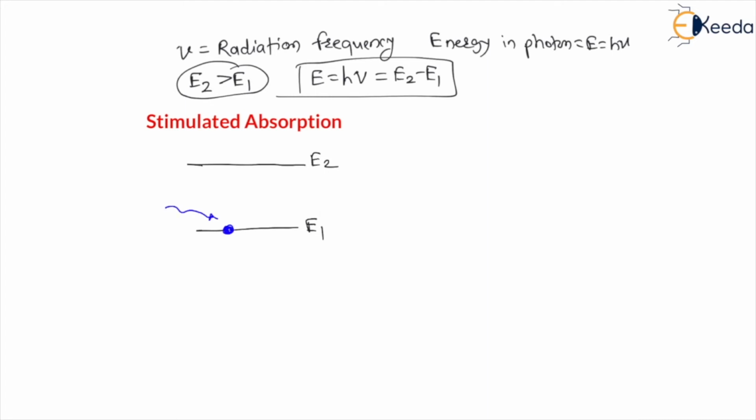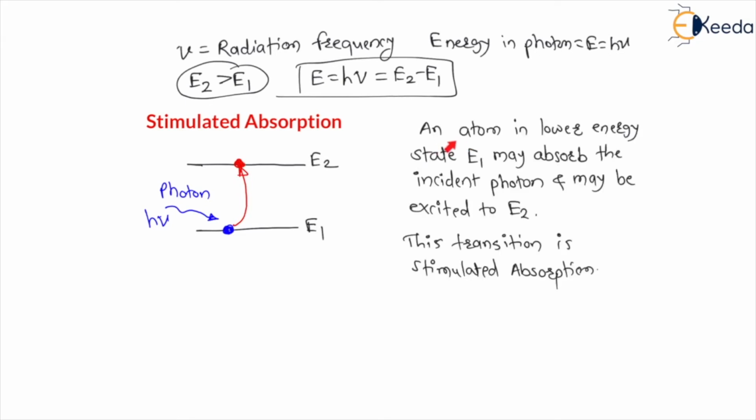If I supply a photon of energy h nu, which is nothing but the difference between the energy levels, then because of this photon energy, this electron in energy level E1 will be excited and jump to E2. This process is called absorption.